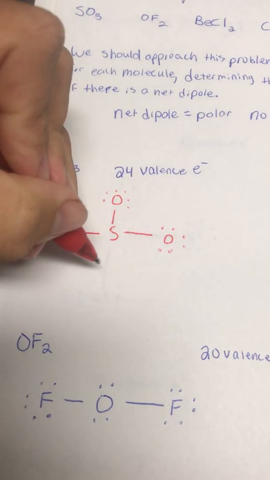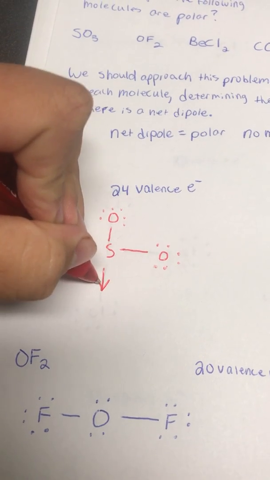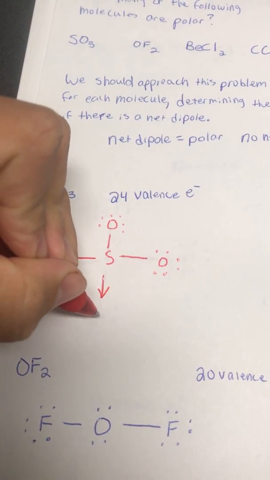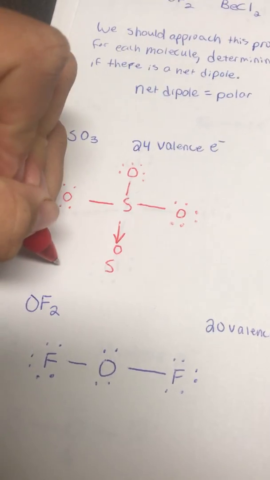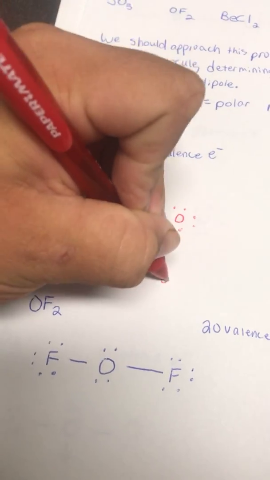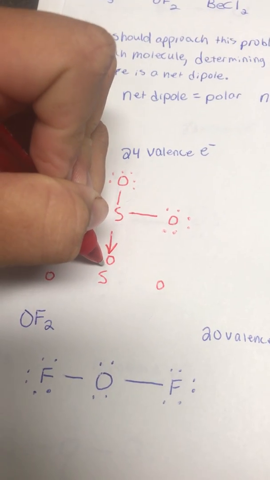We can continue on this structure to give sulfur an octet by showing resonance between the oxygen atoms.